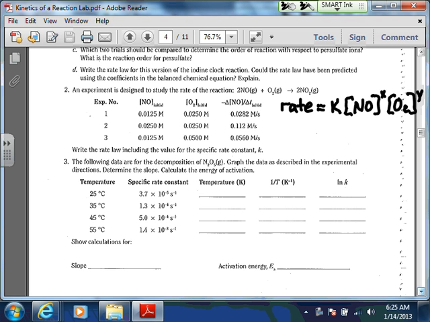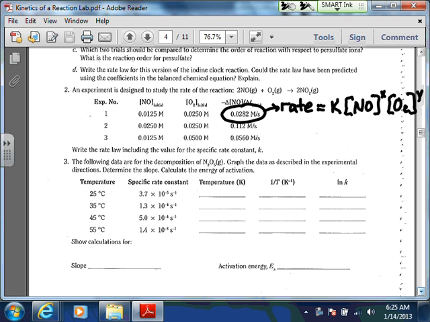Then plug in everything: pick experiment 1, plug this in for the rate, and plug in your two concentrations for NO and O2. Make sure to do whatever you need to with them based on the exponents in the rate law, and then you should be able to solve for K.